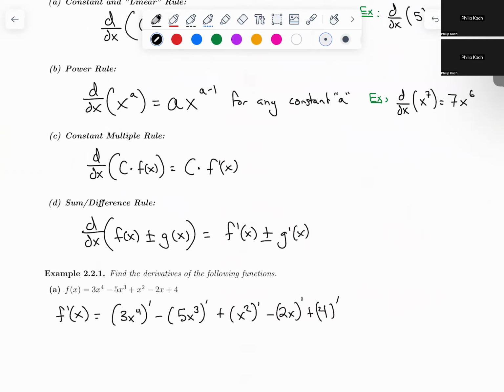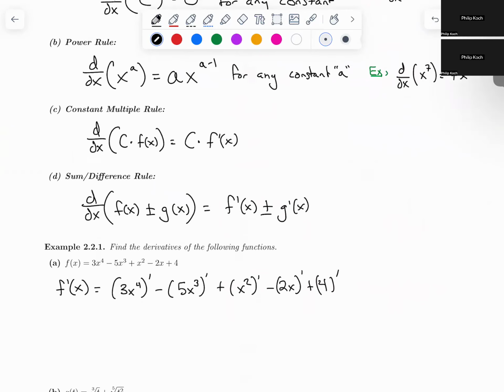But anyways, the constant multiple rule says that the 3, the 5, and the 2 don't matter. So this becomes 3 times 4x cubed. The derivative of x to the fourth would be 4x to the 4 minus 1, or 4x cubed.